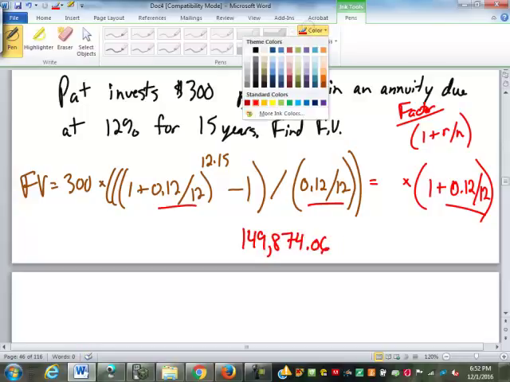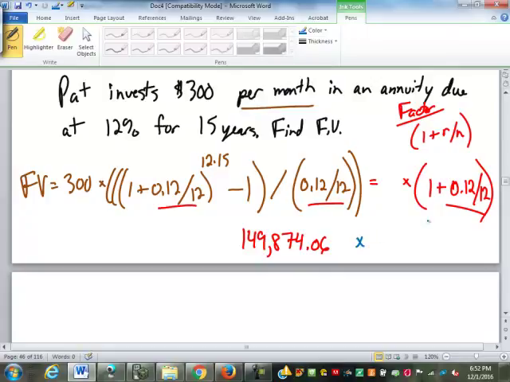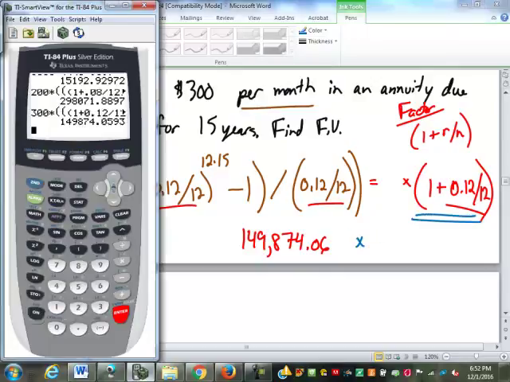Now we're not done yet. We still need to multiply by that adjustment factor here. I just wanted to write that down. So times, parentheses, 1 plus 0.12 divided by 12, close parentheses. $151,372.80.